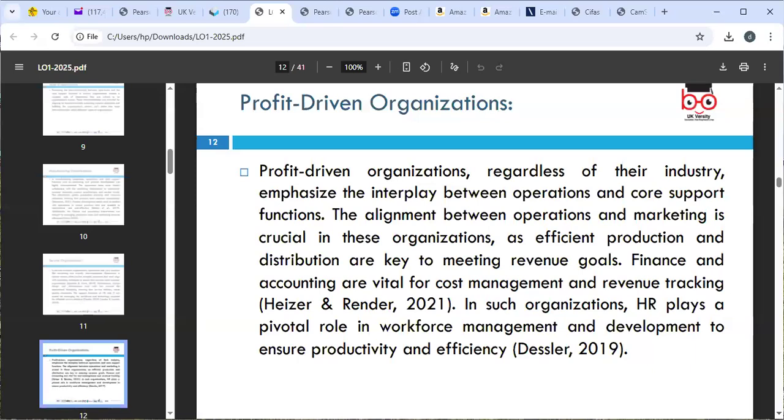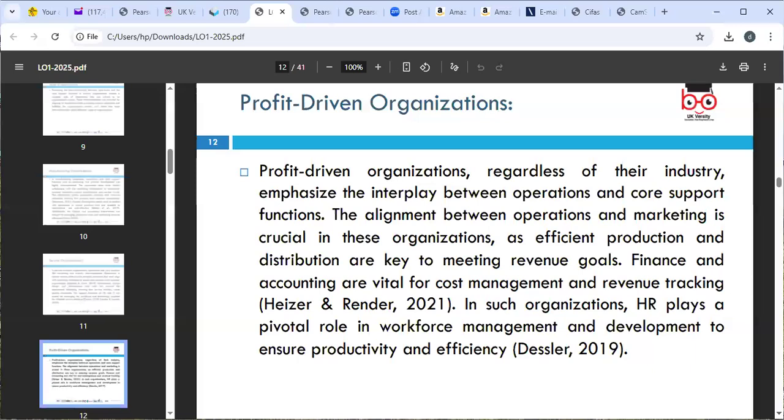So there should be regular revenue tracking to make sure that the revenue coming in is meeting up with the expenses. And if the expenses outweigh the revenues, then it means you are not making any profit. So profit organizations are very keen about ensuring that the finance and accounting parts of the organization have regular monitoring and tracking systems.